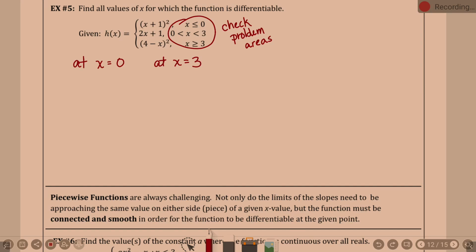How are we going to know if it's continuous at x equals 0? Plug 0 in to the first one. So we want to know, does x plus 1 squared equal 2x plus 1?